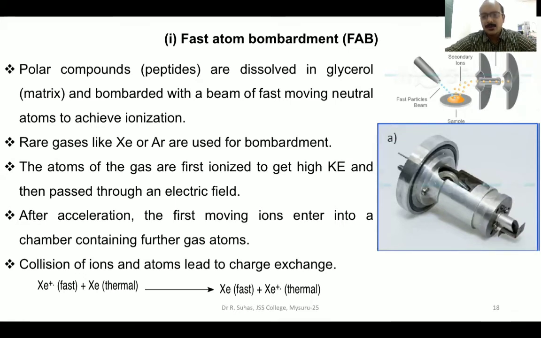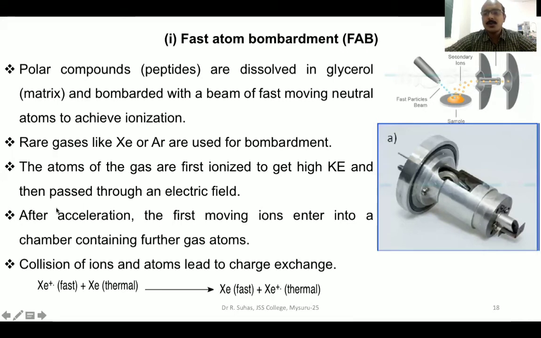Whatever you do, you have to generate the atoms, and the atoms generated should have very high kinetic energy, because in fast atom bombardment, fast refers to movement, and movement refers to kinetic energy. They have to move very, very fast.